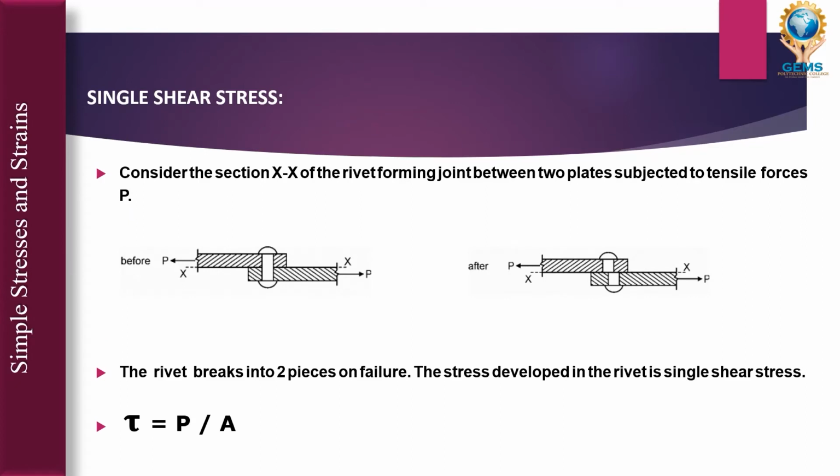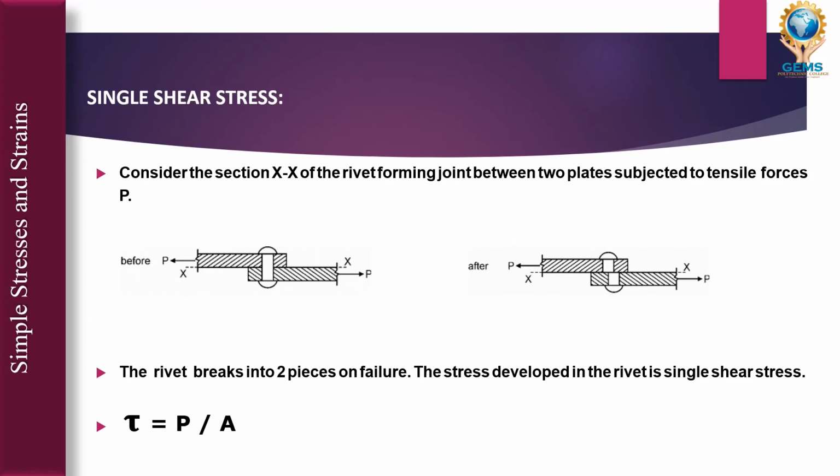If you see this diagram, consider the section axis of the rivet forming a joint between two plates subjected to tensile forces. Understand? If you apply force from this direction and force from that direction, what will happen? The rivet breaks into two pieces.